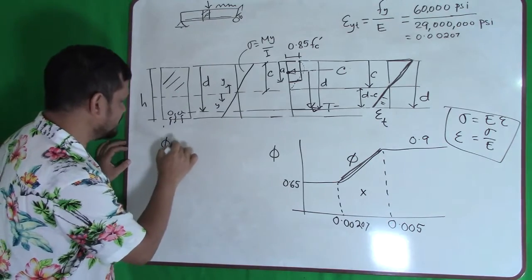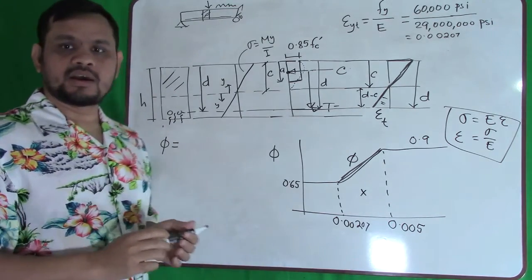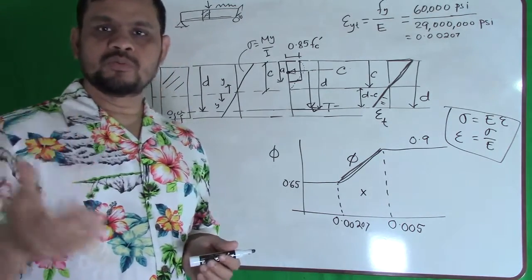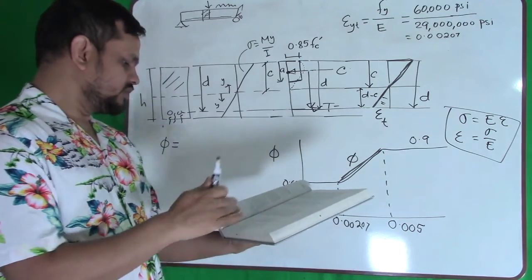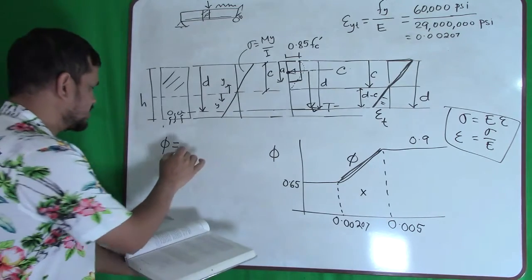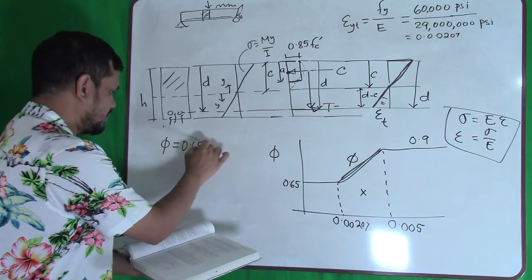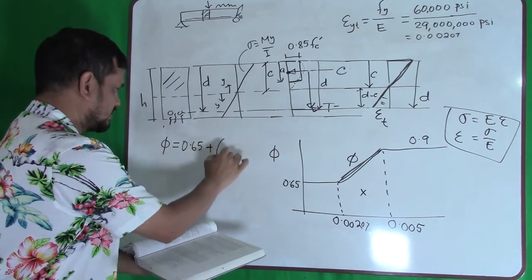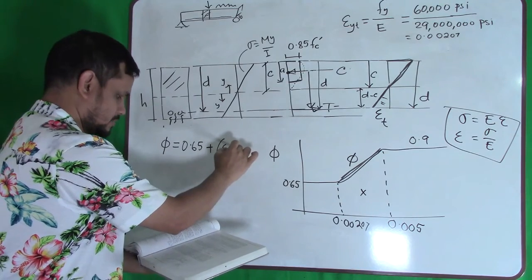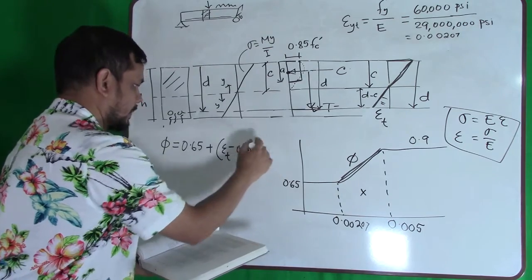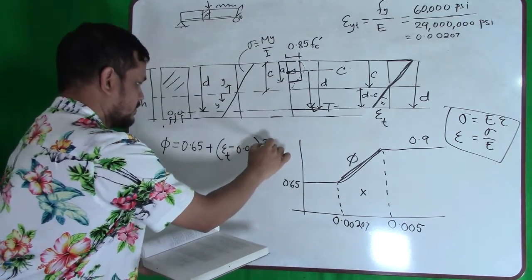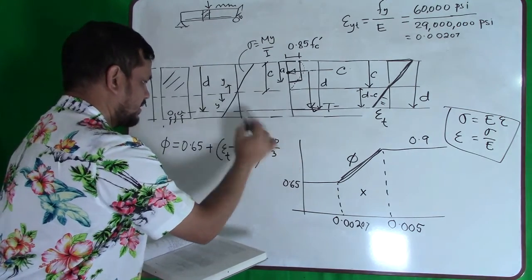If you use your old book, I have the book here, the equation is 0.65 plus (epsilon t minus 0.002) times 250/3.